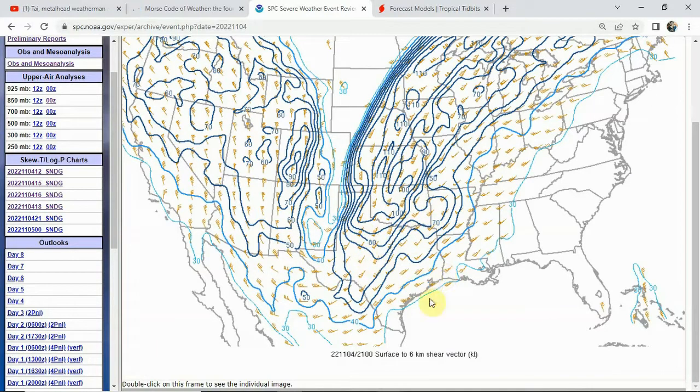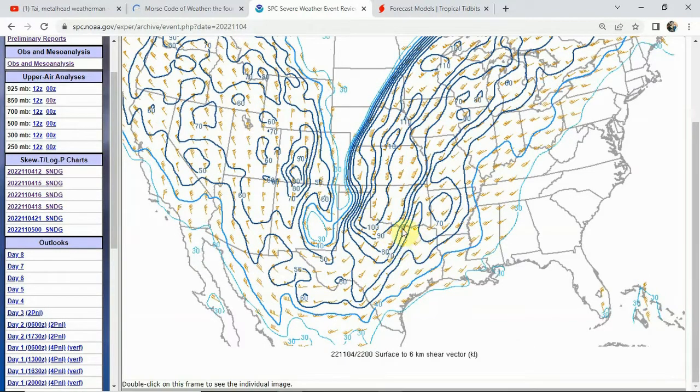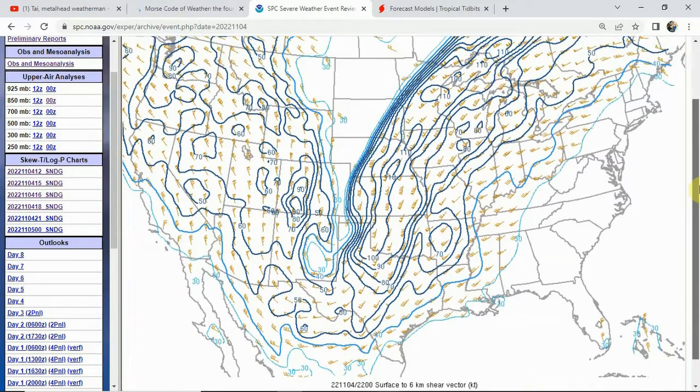So we move this along, and right around this boundary is where these supercells ended up developing and producing the tornadoes that we would end up seeing all throughout northeastern Texas and into Oklahoma and Arkansas, some of which were violent.